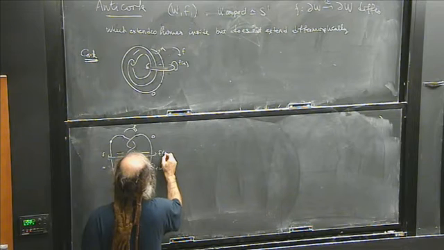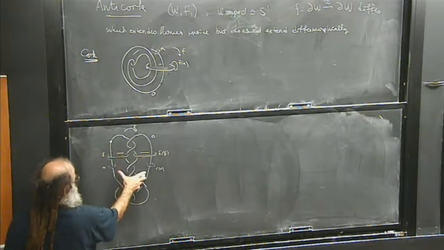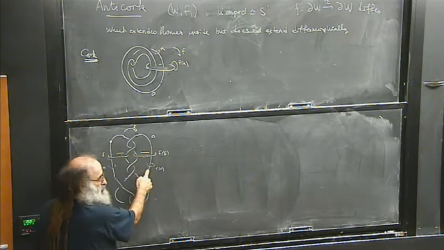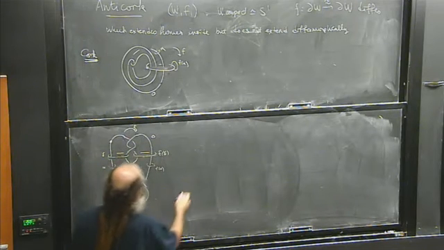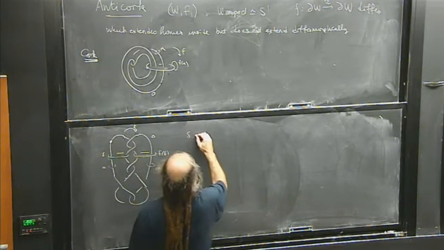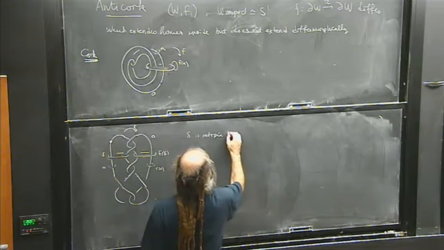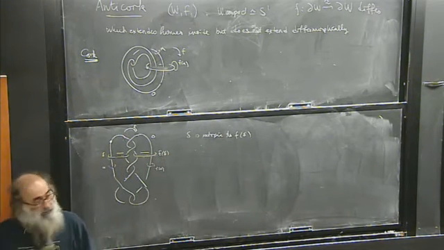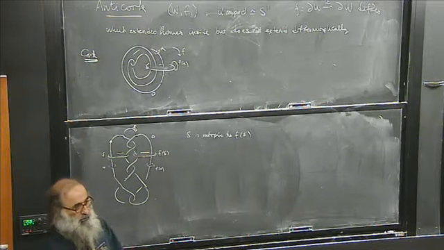But the difference between these loops is that you cannot isotope this to that one, but this one you can, by an isotopy, you go over that to that one. So the delta is isotopic to f of delta. And this is an indication that a further carving is possible.